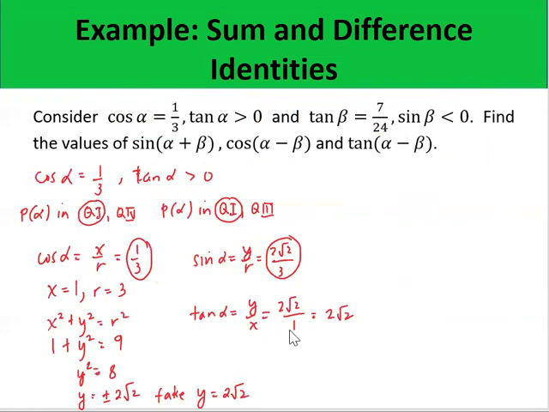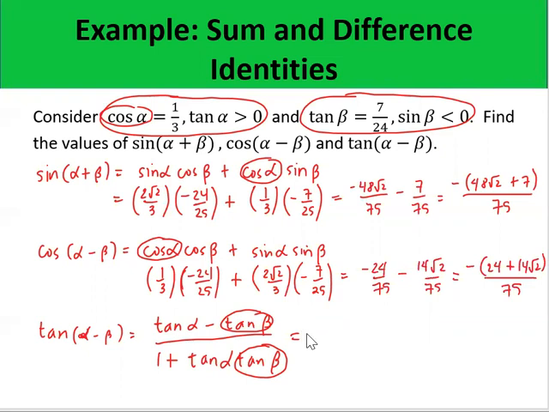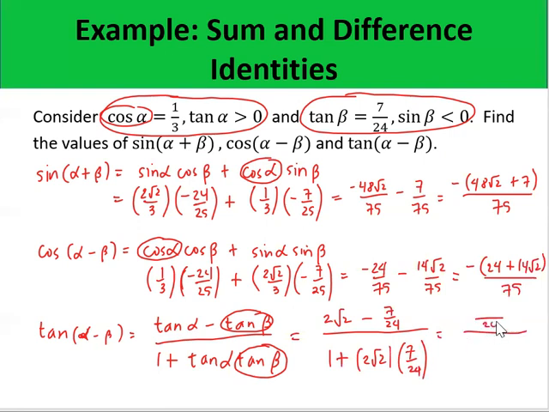Tangent of alpha is equal to 2 square root of 2. So this thing is 2 square root of 2 minus the value of tangent of beta, which is 7 over 24. And then for the denominator, we have 1 plus 2 square root of 2 times 7 over 24. So simplifying this further, we get 24 as the LCD. And then we have here 48 square root of 2 minus 7.